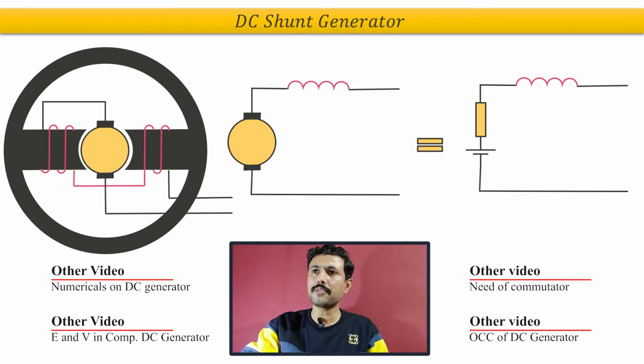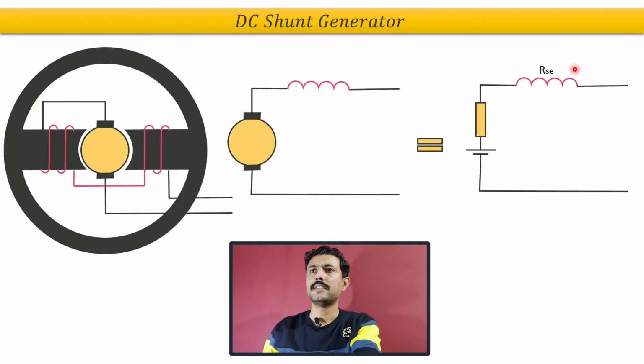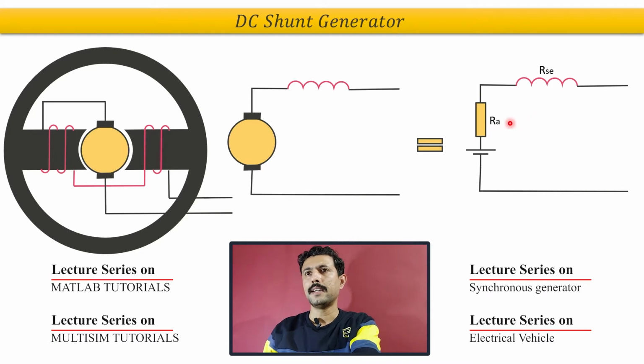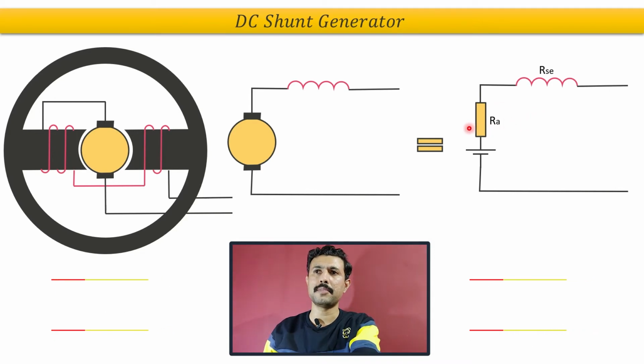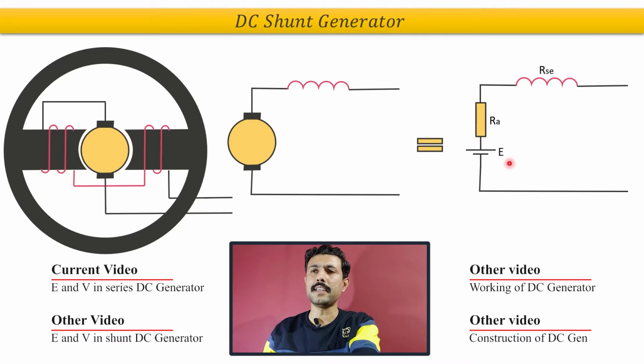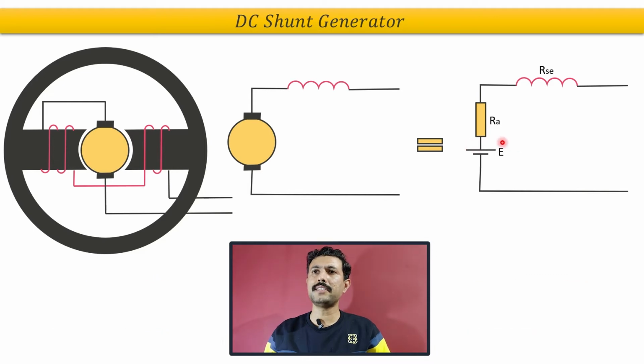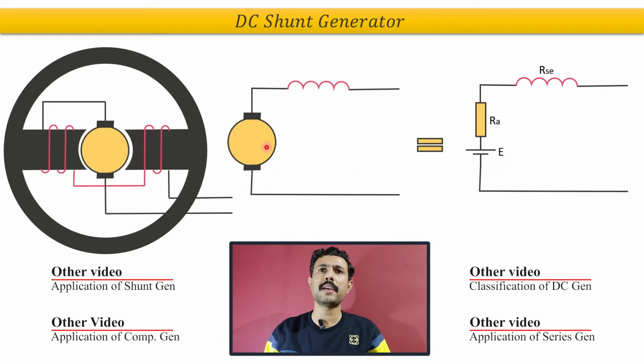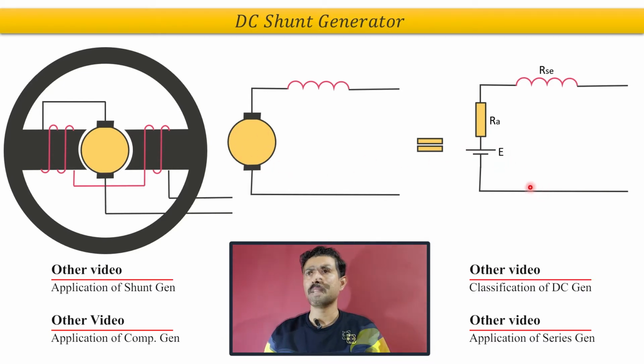In this circuit, we will see different electrical parameters. This is the resistance of the series field winding. This is the resistance of the armature winding. E is represented as a DC source; basically, this E is the induced EMF in the armature coil.